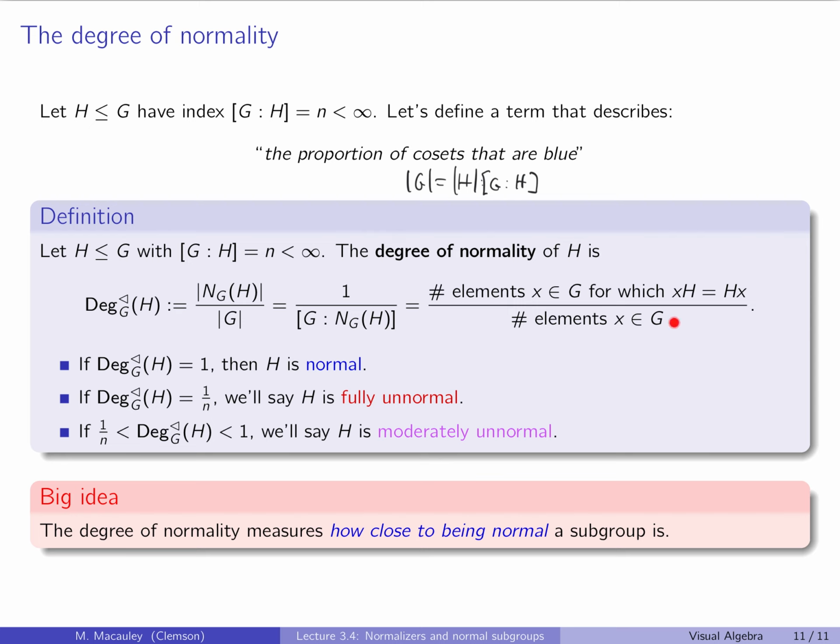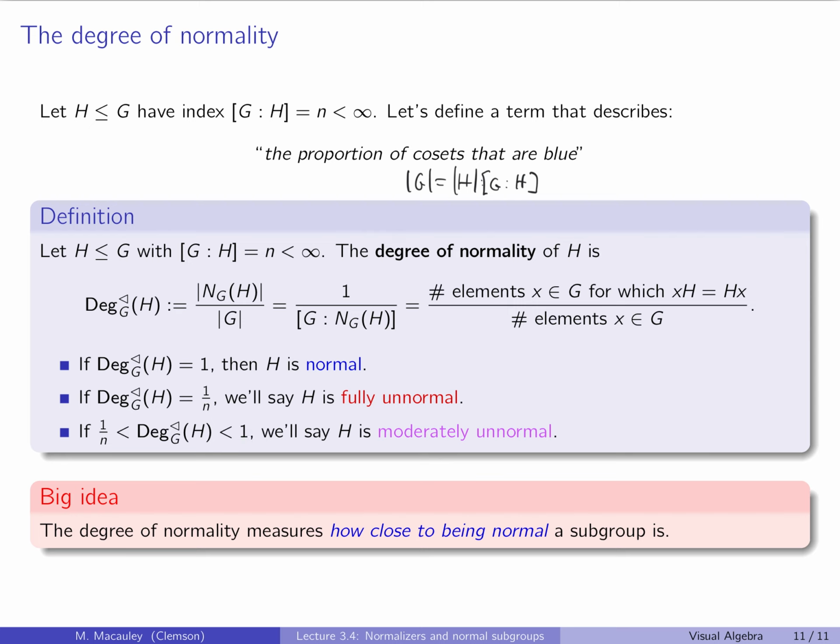Every coset is blue. On the other end of the spectrum, if this degree of normality is 1 over n, where n is the index of H in G, that just means that H is the only blue coset. The normalizer equivalently is equal to H. We say H is fully unnormal. Finally, if this proportion is strictly between 1 over n and 1, we'll say that H is moderately unnormal.